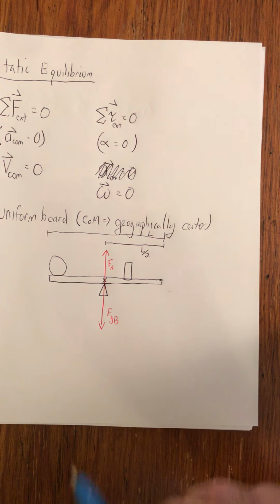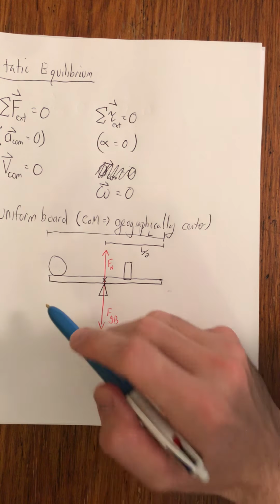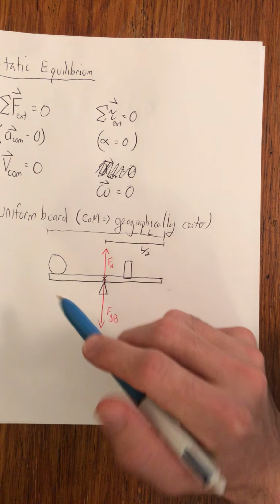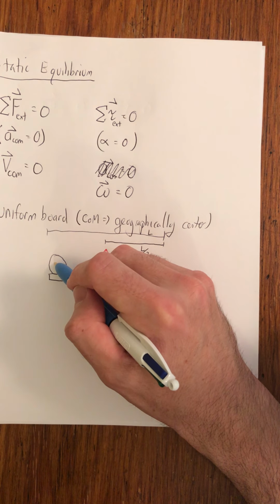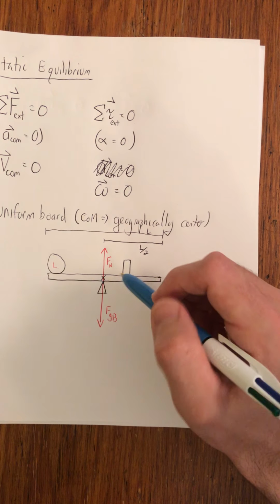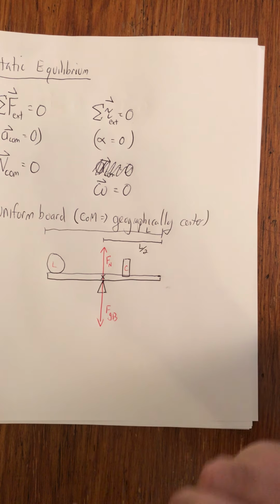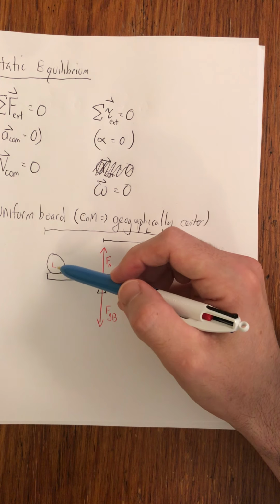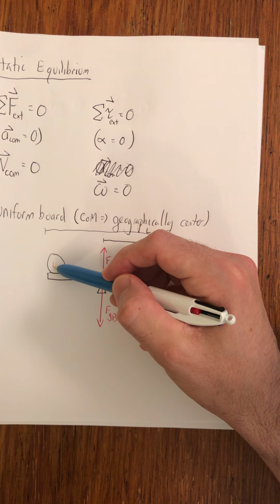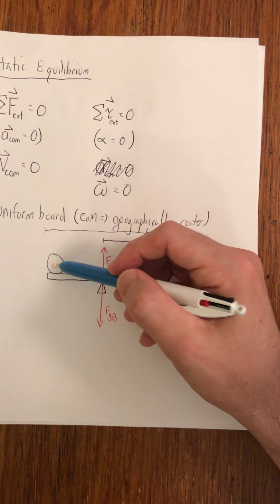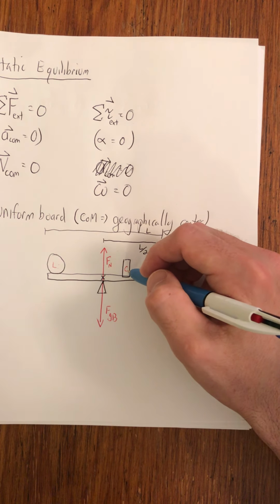Now, next, technically what we should be drawing here is a normal force of this object, which was, I believe, the lime on the board, and the normal force of the canister on the board. But we know that the normal force of the lime on the board is going to be equivalent to the weight of the lime, and the same thing with the canister.